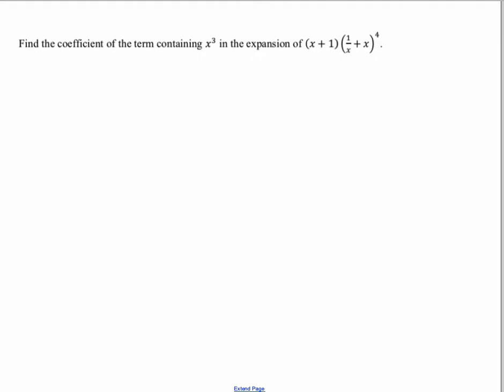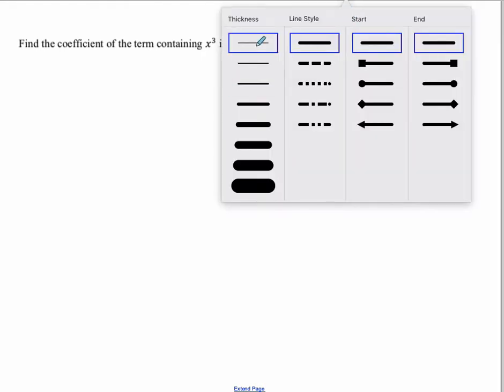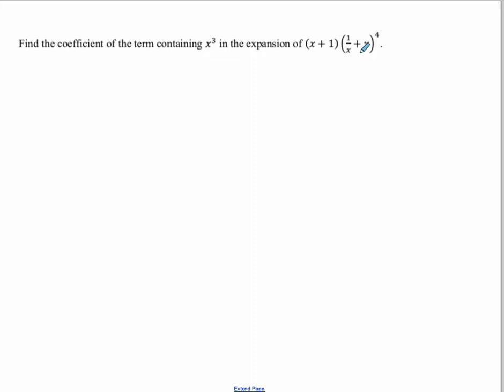Okay, in the next example, we have x plus 1 times 1 over x plus x to the power of 4. And we're looking for the coefficient of the term containing x cubed. So if you think about it, this is x plus 1 times this. x times an x squared term is going to give you x cubed, and 1 times an x cubed term is going to give you an x cubed term.